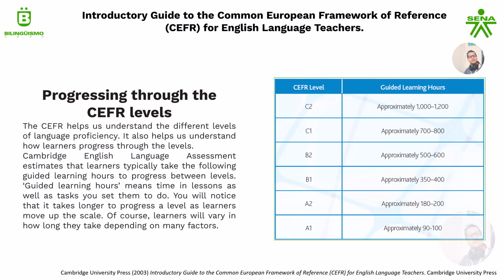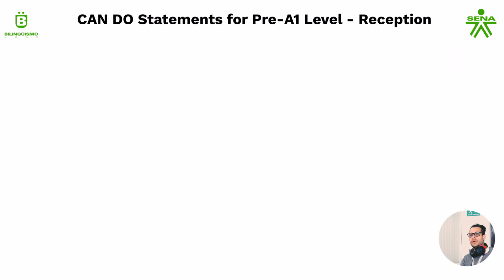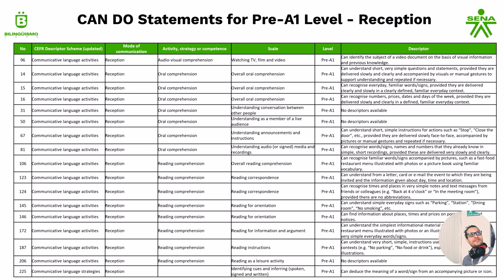Okay, let's focus a little bit on what is important for us. That is the pre-A1 level. The Common European Framework divides the information in reception, interaction, and others. As you can see, these ones, it's huge.